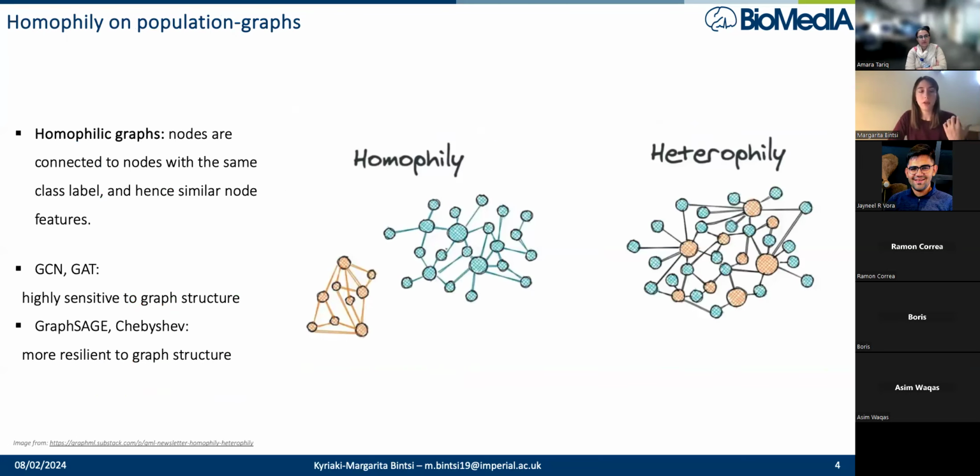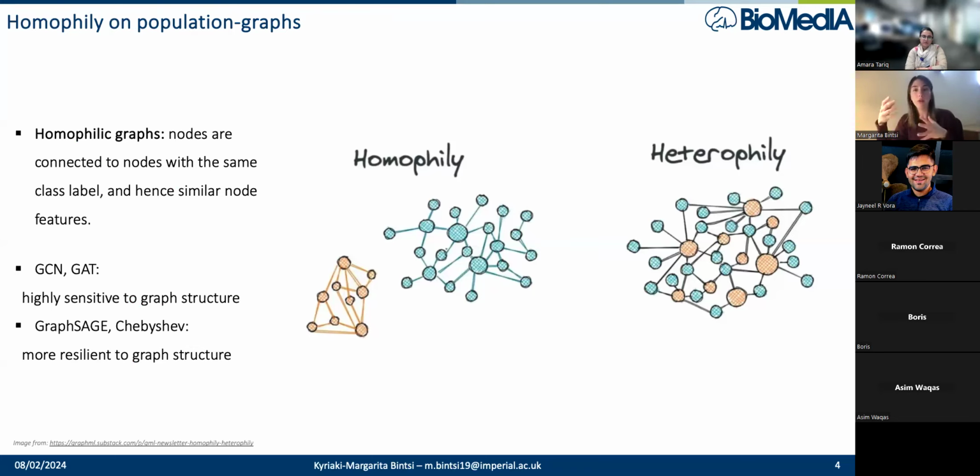We mentioned before that static graphs sometimes do not work very well, and if a population graph is not optimized for a specific task, it may underperform even a simple MLP. And this in the literature has been found to be correlated to homophily, a metric for graphs. Homophilic graphs are the ones that have nodes with the same labels connected to each other and not connected to nodes with different labels.